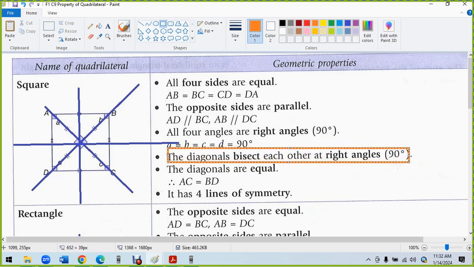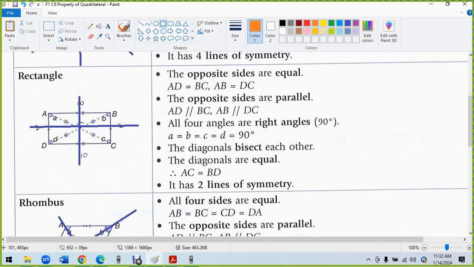So that is the perpendicular bisector. So bisect. So the midpoint of AC is equal to midpoint of BD. And then for rectangle also, the diagonal bisect each other. So the midpoint of AC equal to midpoint of BD.